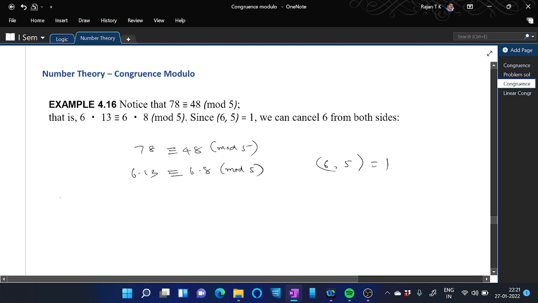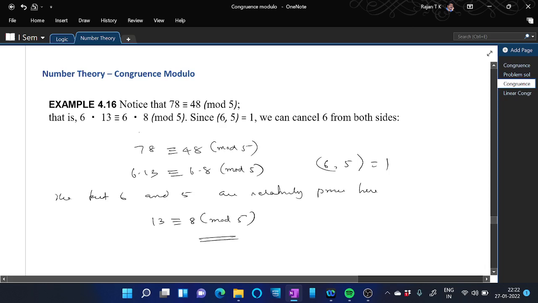So this factor 6 and M, that is 5, are relatively prime here, and therefore by the previous theorem you can cancel 6. We get 13 is congruent to 8 mod 5, which is true. 13 minus 8 is actually 5, a multiple of 5.